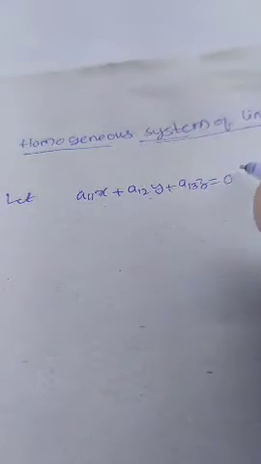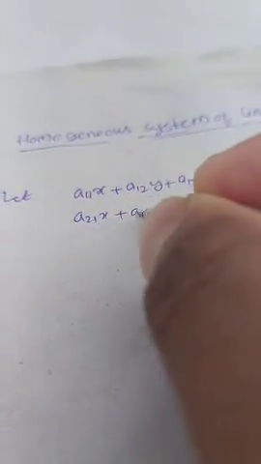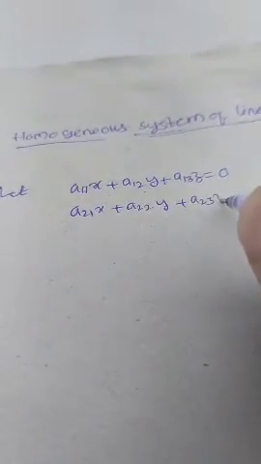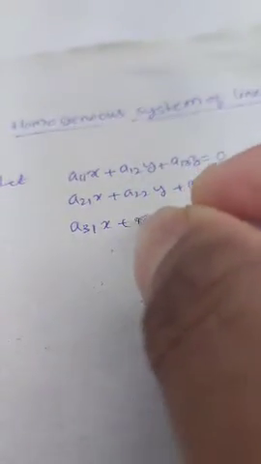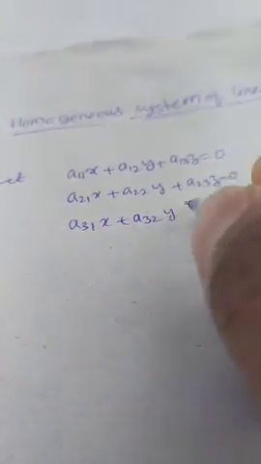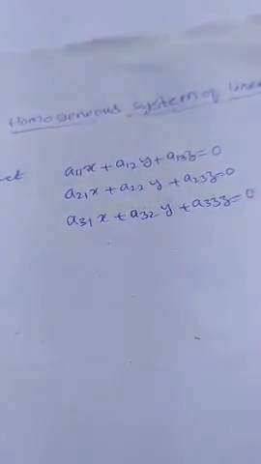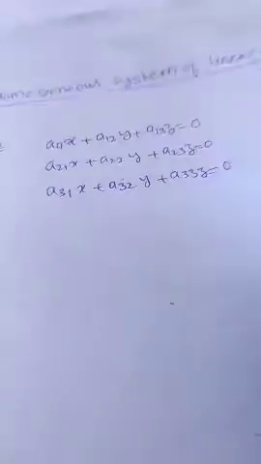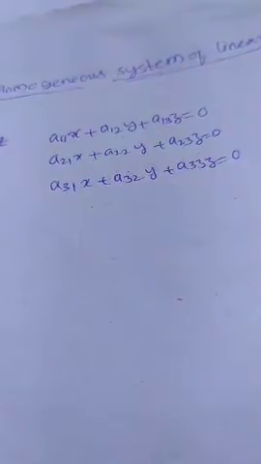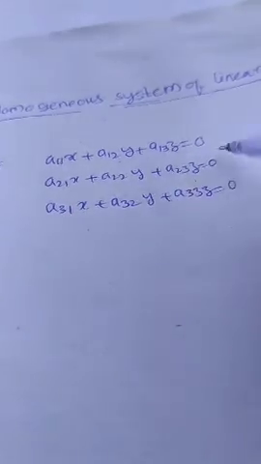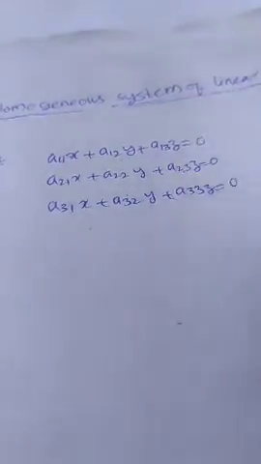What I am doing, I am taking the constants as 0. a21 x, a22 y, a23 z is equal to 0. a31 x, a32 y, a33 z equal to 0. So this system is known as homogeneous system of linear equations because the constants are 0.